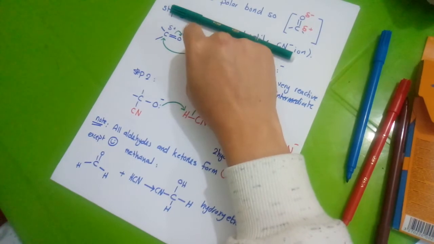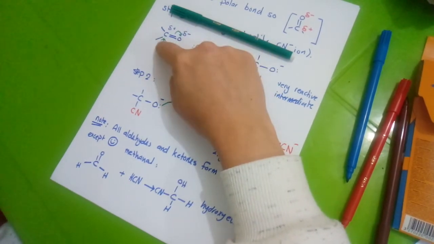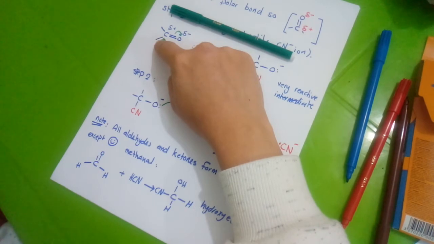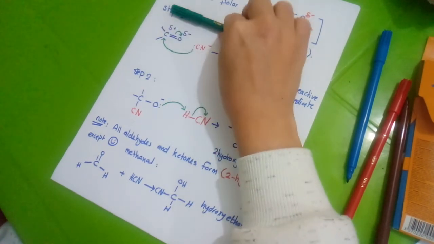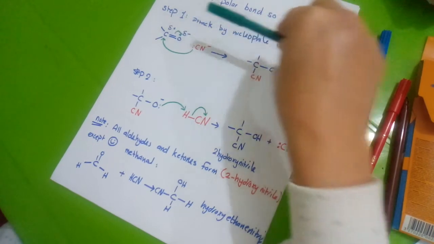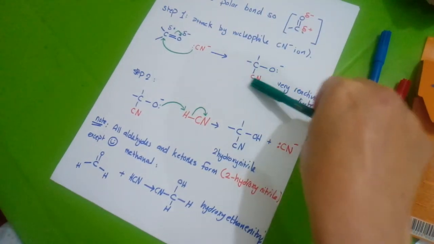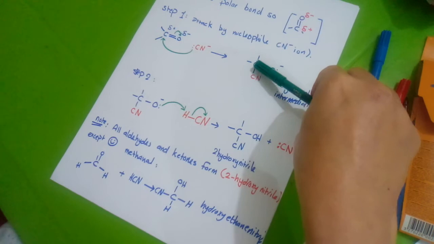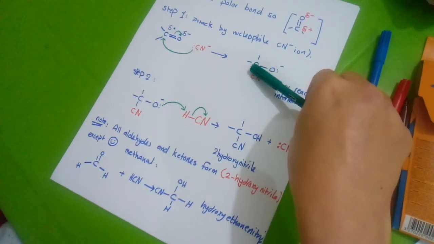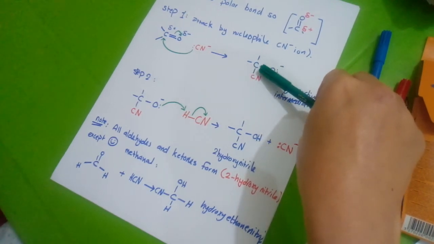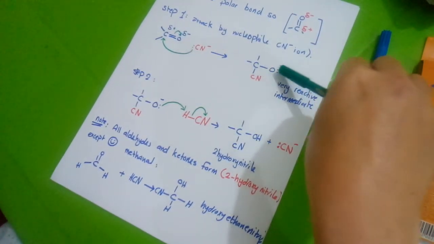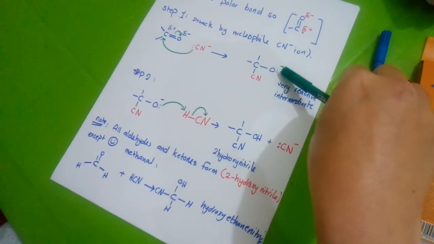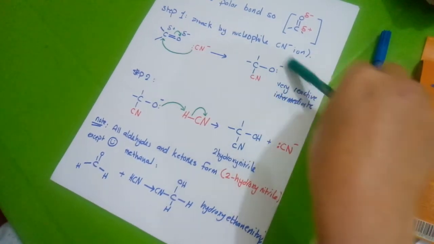So cyanide will be added to that carbonyl group by attacking the partially positive carbon, and a pair of electrons inside the double bond will be gained by the oxygen, and we will form an intermediate by that attack. We can see here the cyanide ion, after attacking the partially positive carbon, has been added here, and we have heterolytic fission. The oxygen gained a pair of electrons from the double bond, and we form an intermediate.